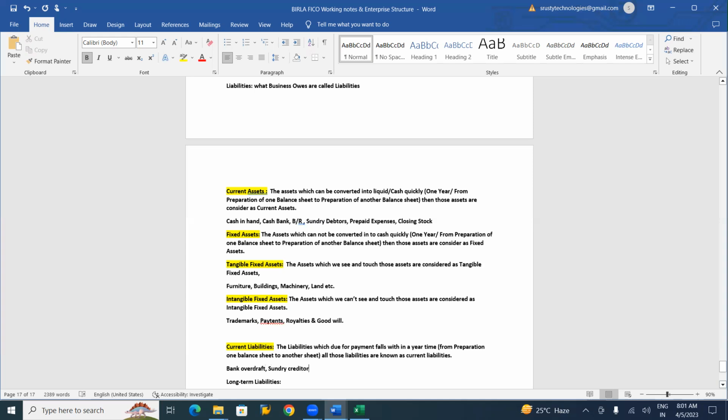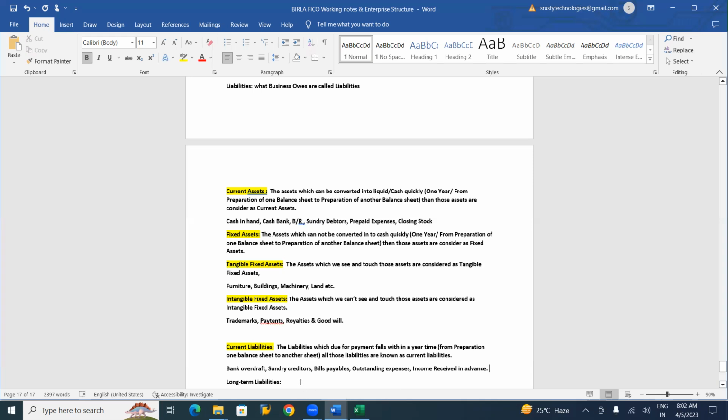Now we no longer call them sundry creditors, but trade payables, bills payable, outstanding expenses, incomes received in advance, and accrued incomes. These all are considered as current liabilities.